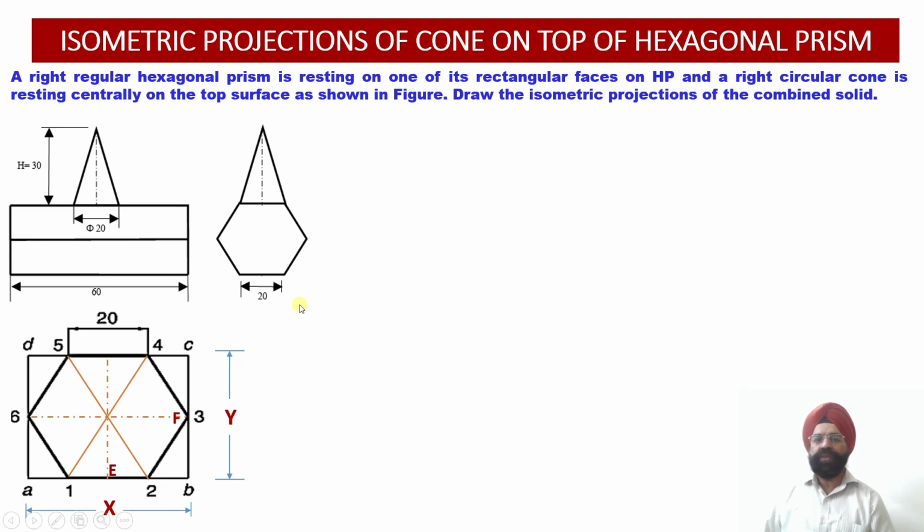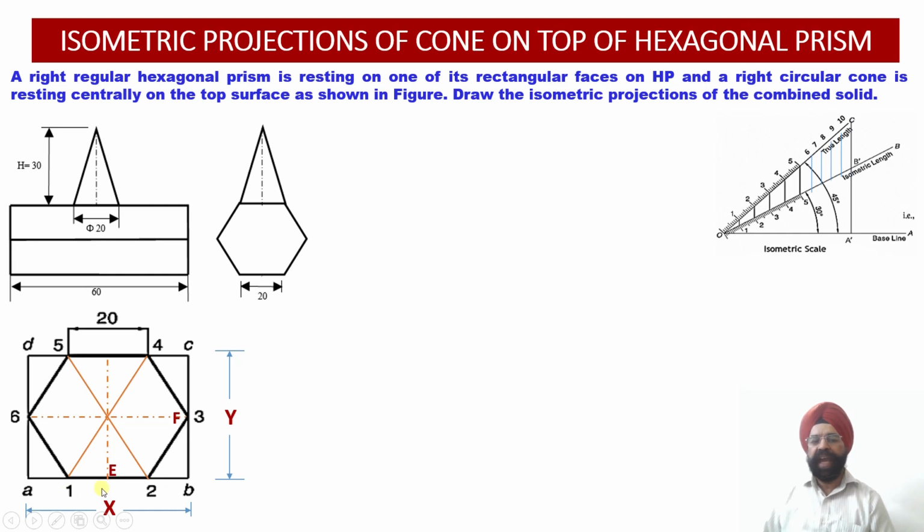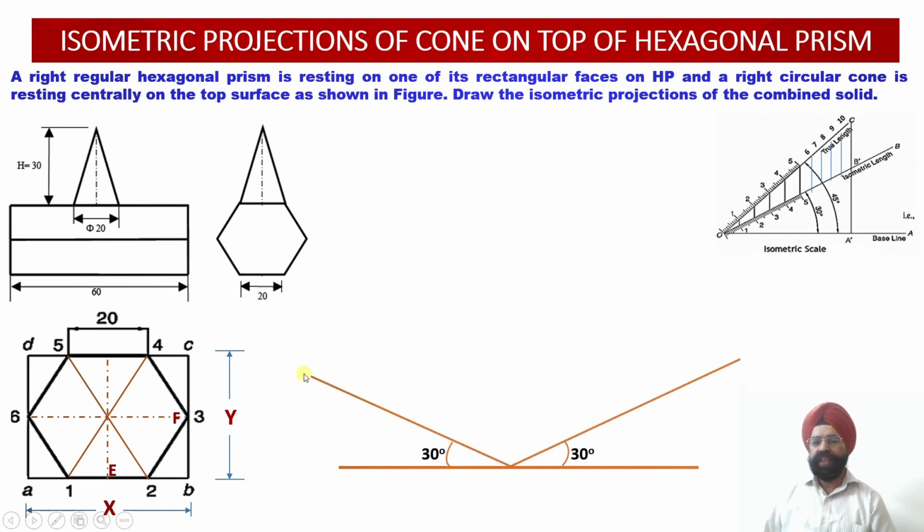Now since this rectangular face is resting on the surface, the shape of the hexagon will be drawn along the x y axis. So this is our x axis, that is an isometric axis, and this has been drawn at an angle of 30 degree.